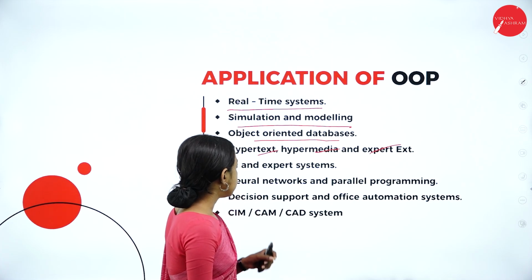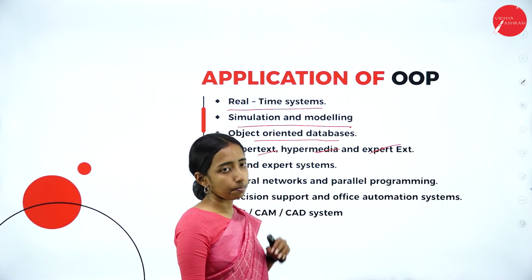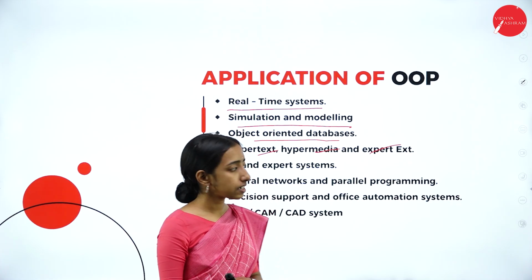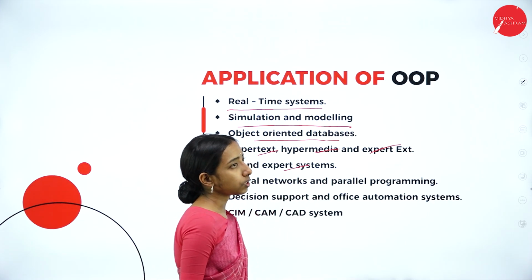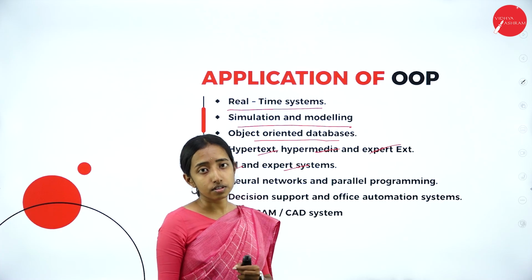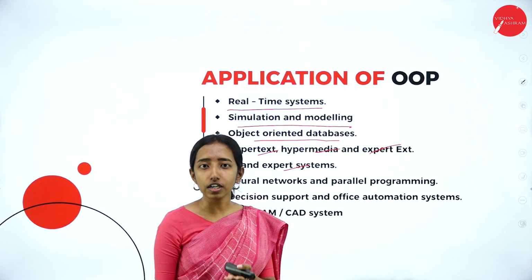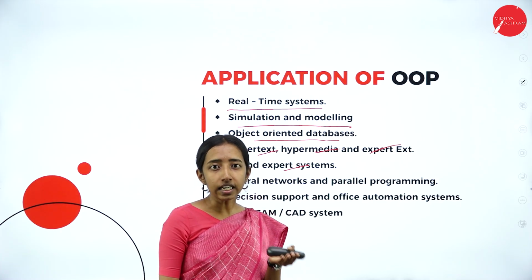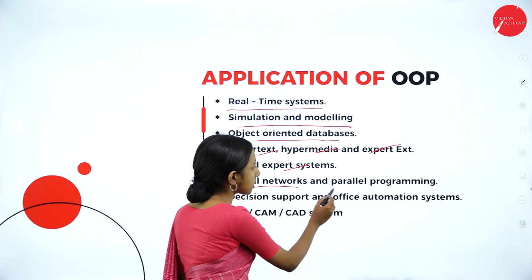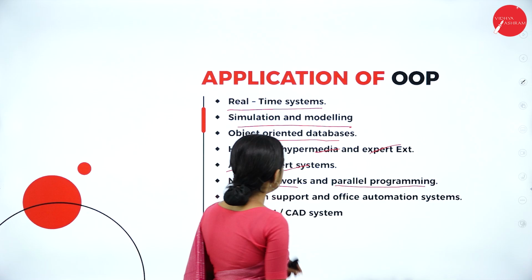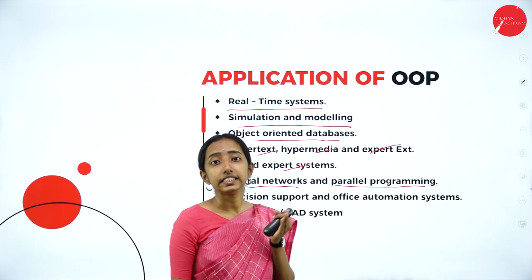So we use the OOPS concept in hypermedia and hypertext. Next, in AI and expert systems. OOPS is also used in AI, that is artificial intelligence, and also expert systems. Next, neural networks and parallel programming. OOPS is also used in neural networks.